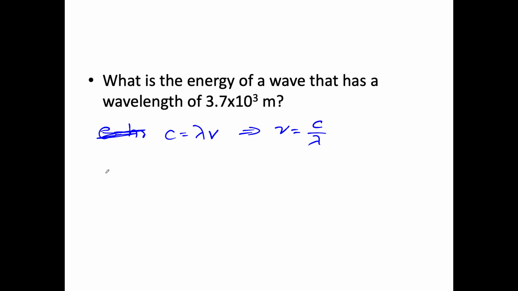And then we're going to use E is equal to h nu to figure out the energy. So also what you can do is combine these two, substitute together. So E is equal to h c over lambda. And that's another equation you may want to see.